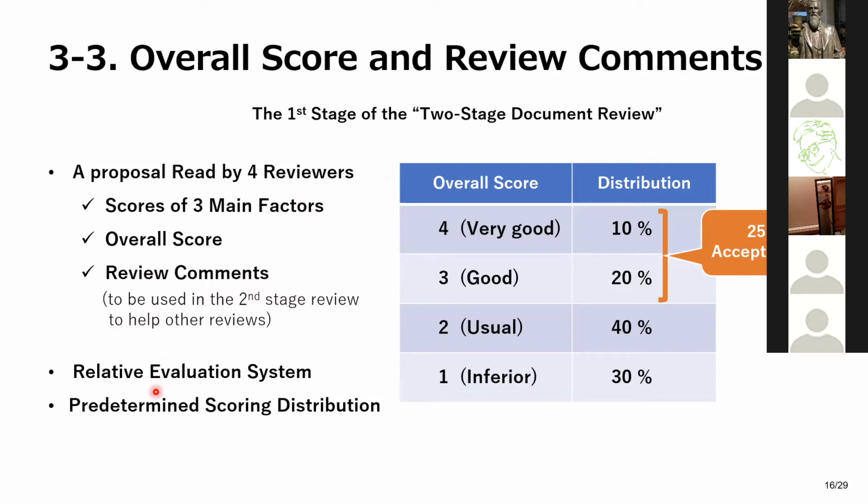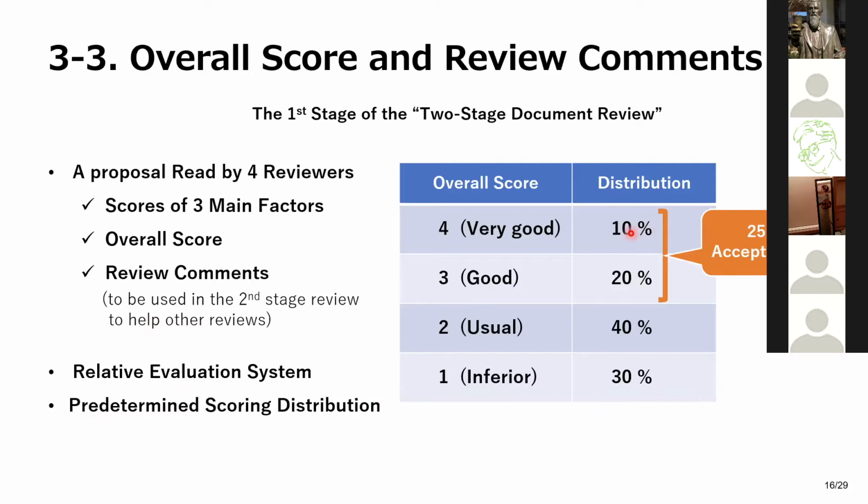And all the projects are evaluated using the relative comparative evaluation system, and the scoring distribution is predetermined. Only 10% of applications of the total that each reviewer received can get the best score of 4.